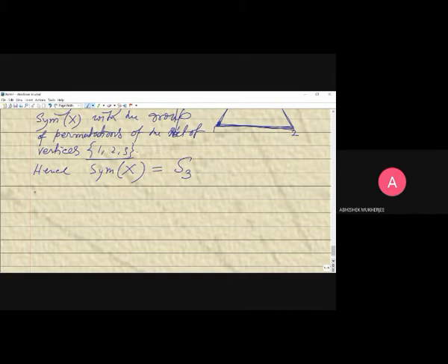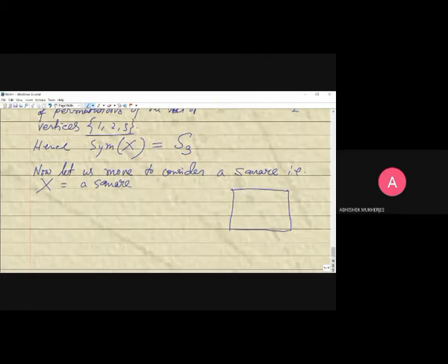Now let us move to consider a square, that is X a square.